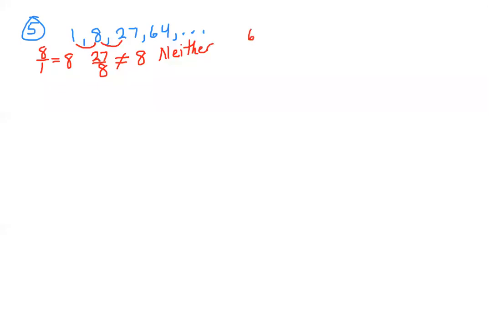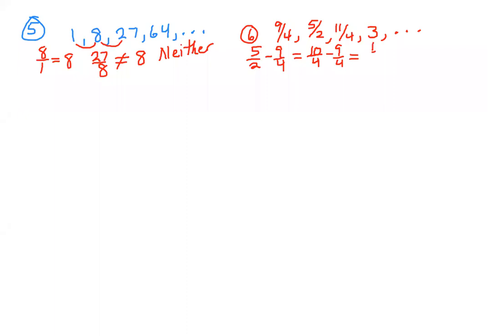Number 6. We've got 9/4, 5 halves, 11/4, 3. Okay, let's see if we have 5 halves minus 9/4. We would have to get a common denominator, so we could write that as 10/4 minus 9/4, and that is 1/4.